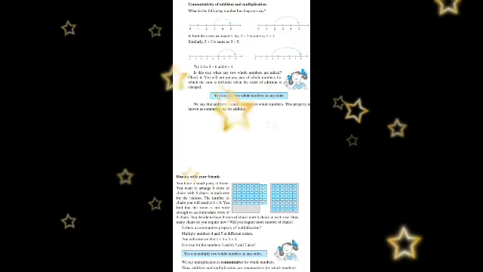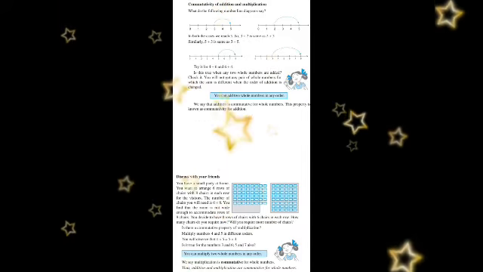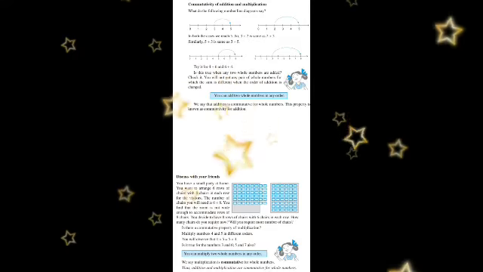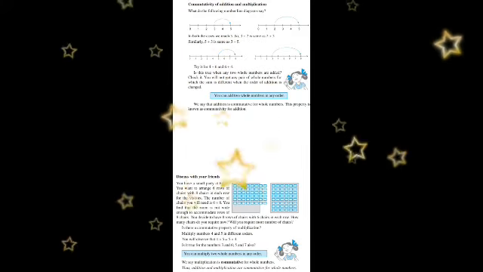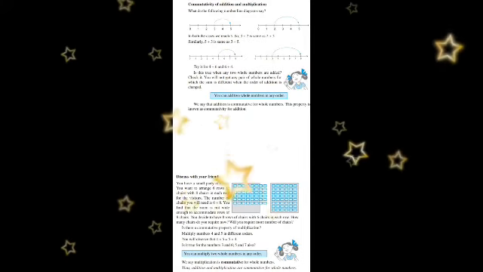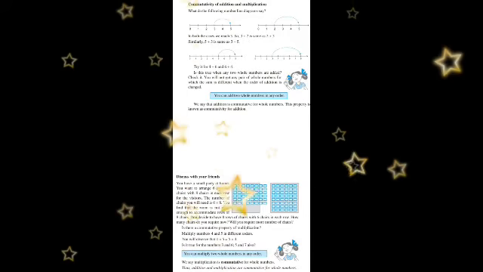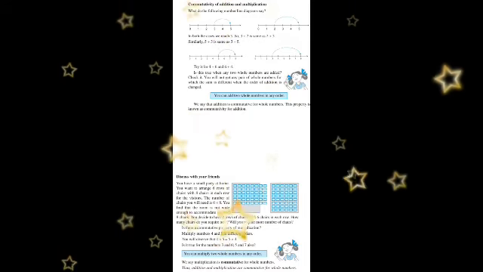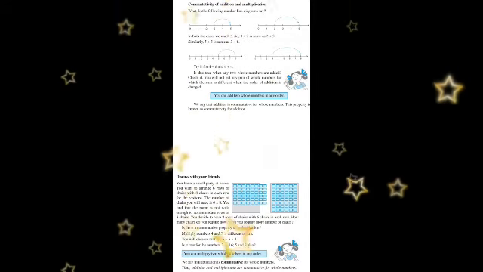We say that addition is commutative for whole numbers. This property is known as the commutativity for addition. You can add two whole numbers in any order and get the same result.